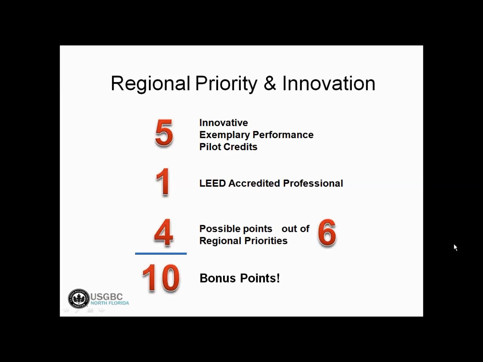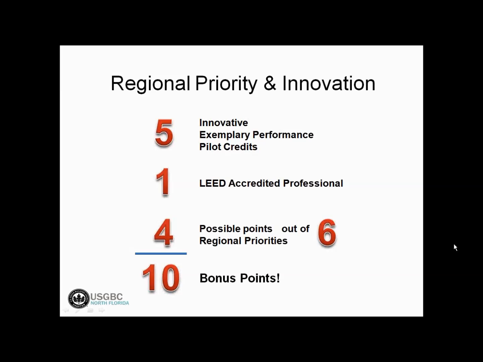And then the regional priority points, based on your zip code. You type in your zip code, and a list of 6 possible regional priority credits comes up, things that have been deemed to be important to your area. These are already LEED credits, so if you're in Phoenix, one of the regional priority credits that's going to come up is water use reduction.